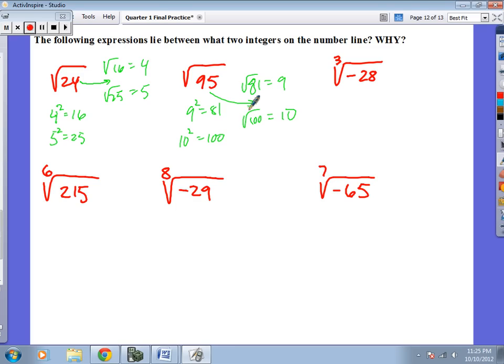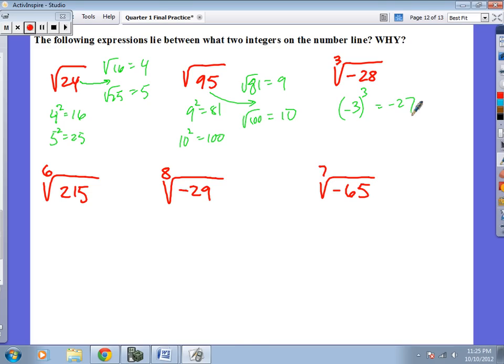Okay, now the cube root of negative 28. Now you just start guessing, because you don't know cubes or 6 or 8s or 7s roots at all. So you choose a number. I'm going to choose a negative number. I'm going to choose a negative 3. So negative 3 cubed on the calculator, don't forget to put negative 3 in parentheses, is a negative 27.